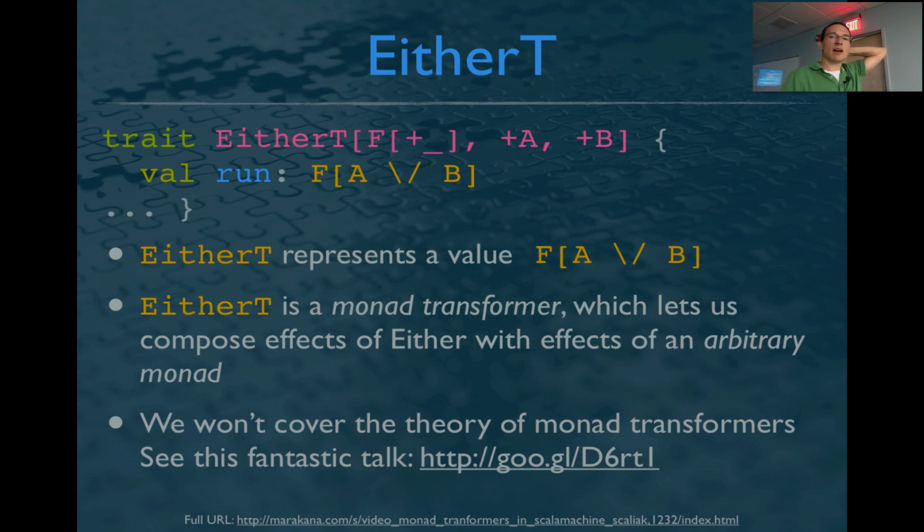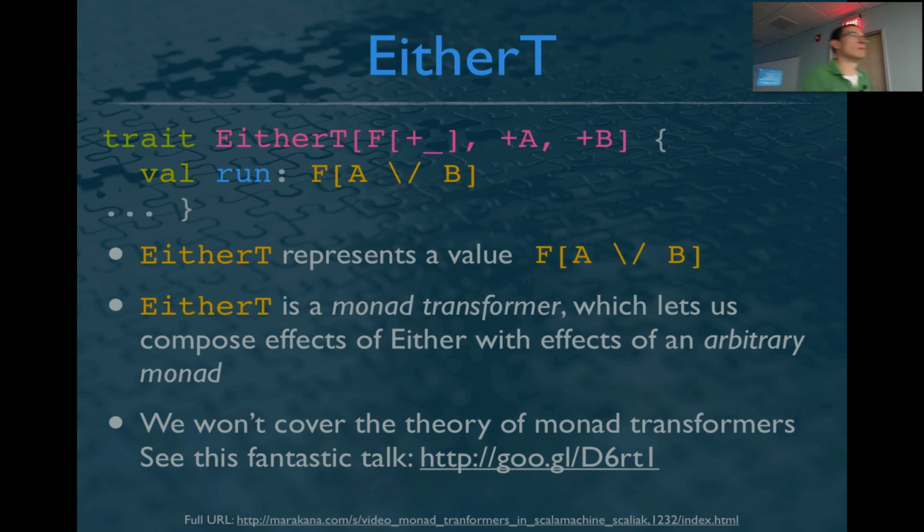But basically what it does is it represents a value, A or B, wrapped in an F. So for example, if I have an A or B wrapped in an option, I could use EitherT, where the F is option, and the A and B are A and B. So anytime I have a type constructor of one type, like option or list or whatever, and I have a value of that type on another type, I can use EitherT.